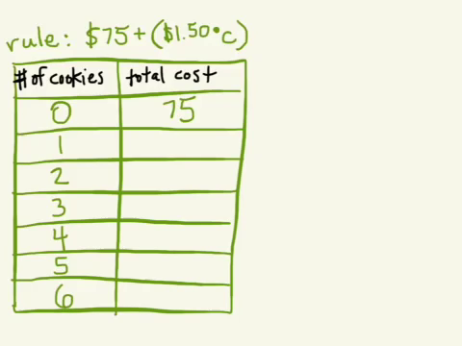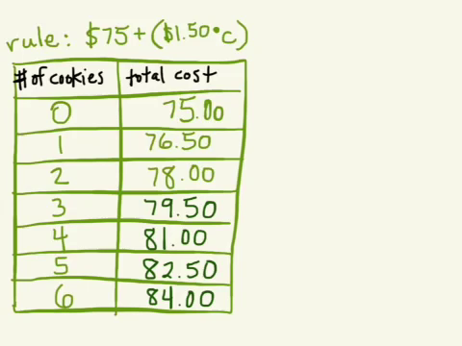So C would be 1. If I was slightly more hungry and I got 2 cookies, that would mean $1.50 times 2 cookies plus the 75 that I originally paid. So $1.50 times 2 would be exactly $3 plus the 75 that I paid at the door. Go ahead and finish this table, and then you can check back to check your answers. Press pause now.